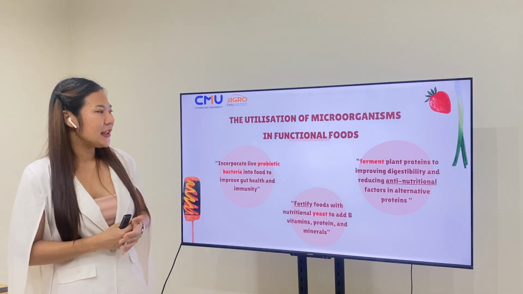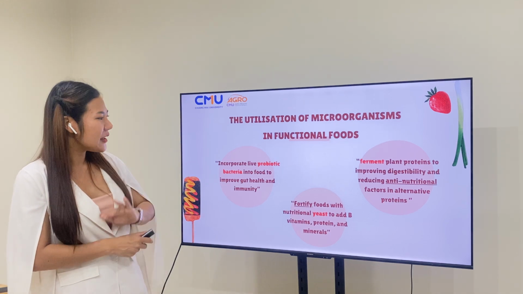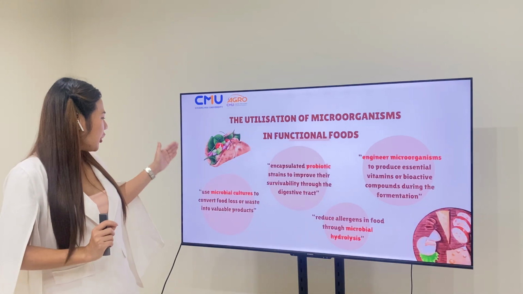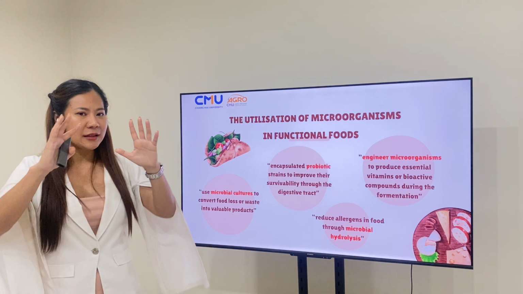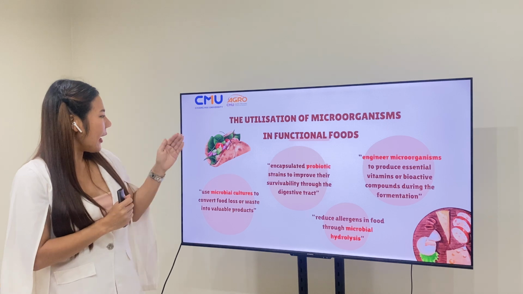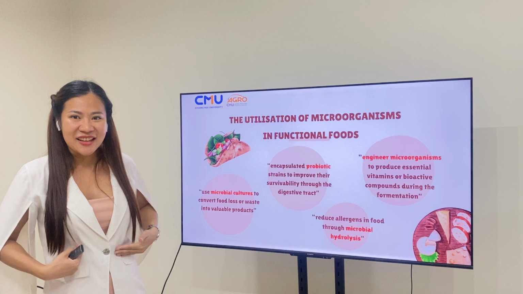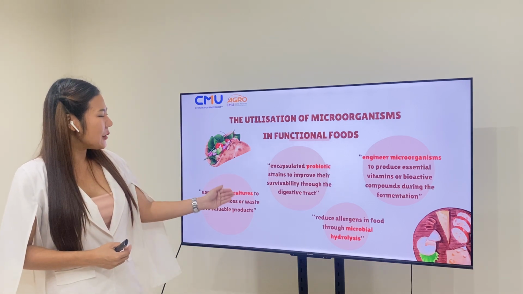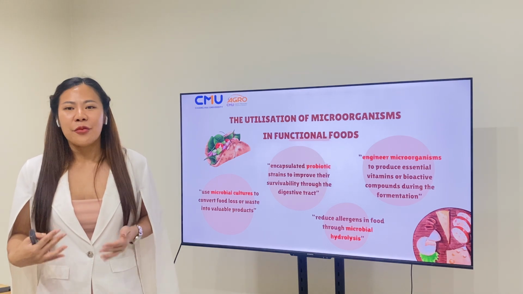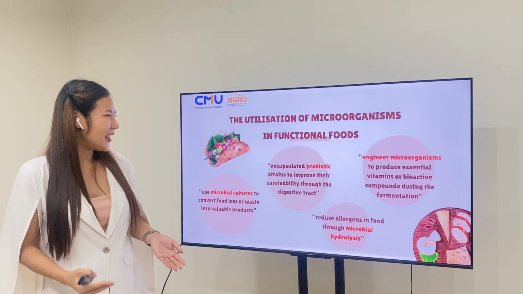Ferment plant protein using Bacillus to improve digestibility and reduce anti-nutritional factors. Use microbes to convert food loss or food waste into valuable products. Encapsulate probiotics to improve their survivability in our gut system. Reduce allergens in food through microbial hydrolysis, for example, the breakdown of gluten in sourdough bread.